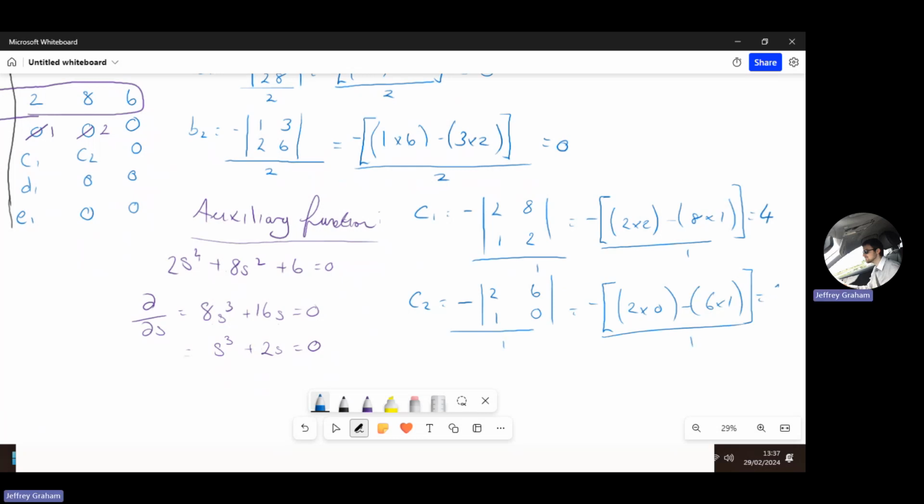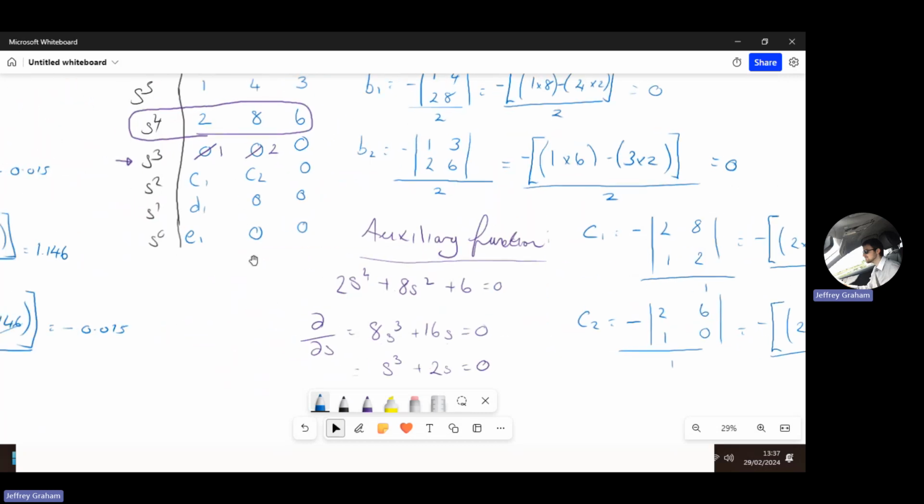Should come out as 6. Slot them into the C row so we can then work out what D is. That was 4 and 6.